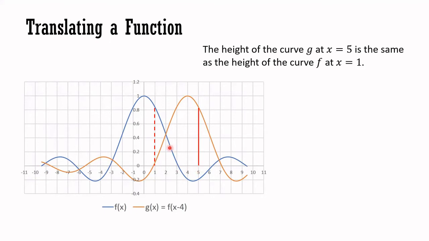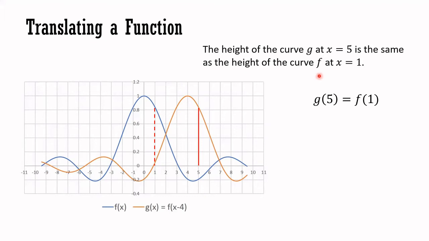So the height of the orange curve, that's g, at x equals 5, that height evidently is the same as the height of the blue curve at x equals 1. So the height of g at x equals 5 is the same as the height of f at x equals 1. Here's how we state that with the function notation that you've been familiar with for years.